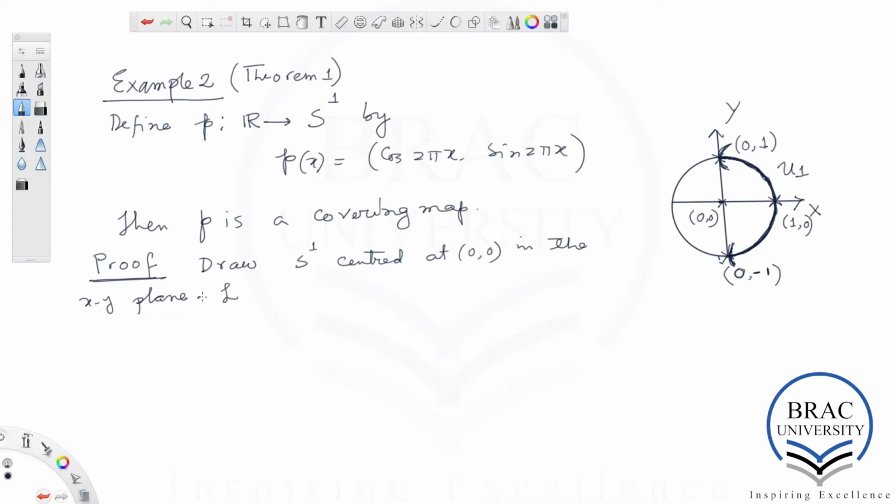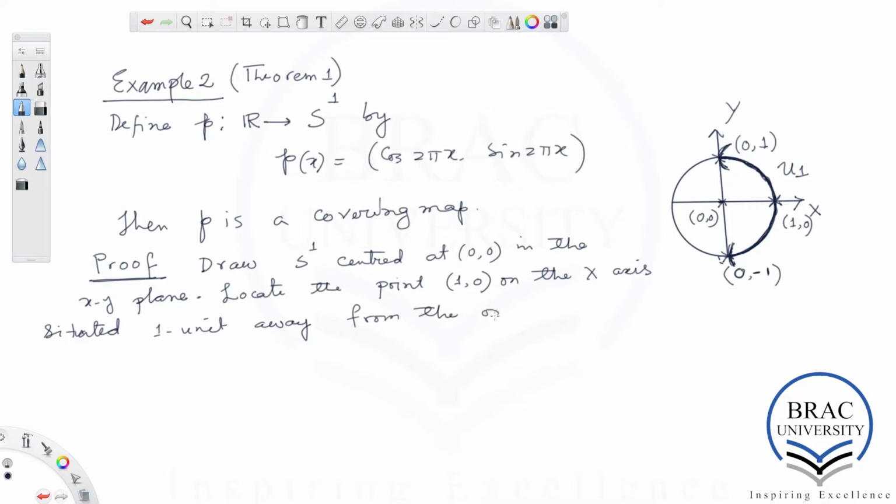Locate the point (1, 0) on the x-axis, situated 1 unit away from the origin (0, 0).